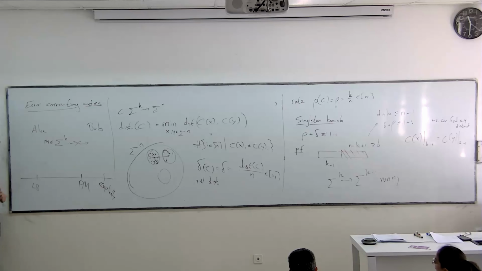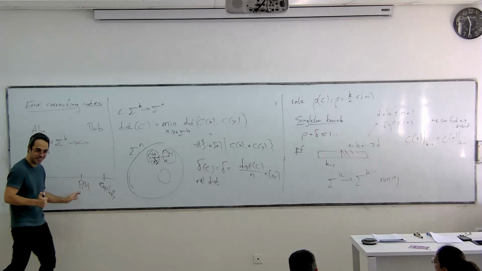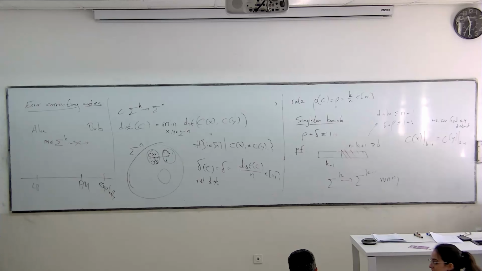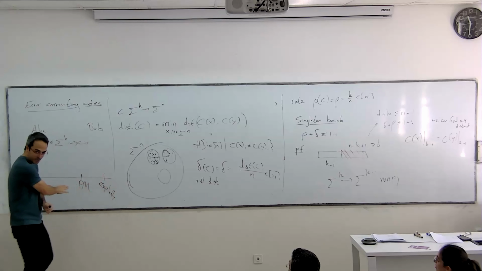Sometimes, amazingly, but very rarely, you can use structure to beat the probabilistic method. It's very rare. If you have the problem of adding two numbers, you shouldn't use probability.